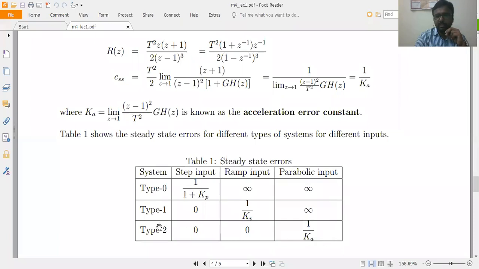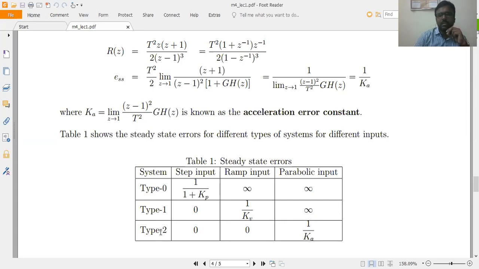So this table represents the steady state error values for different types of input functions, such as step, ramp, and parabolic, for the closed loop transfer function.